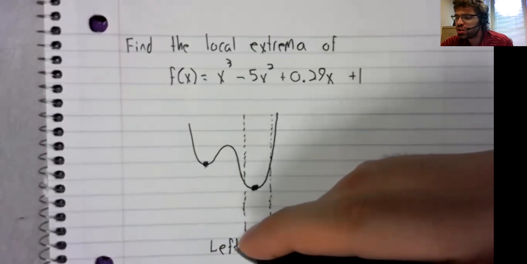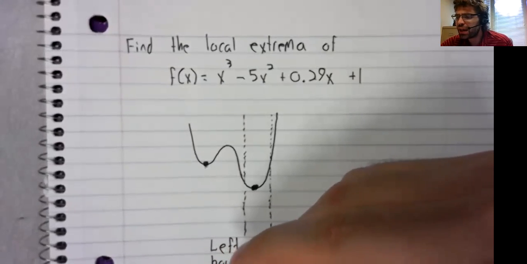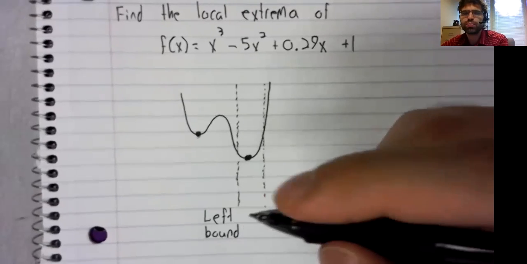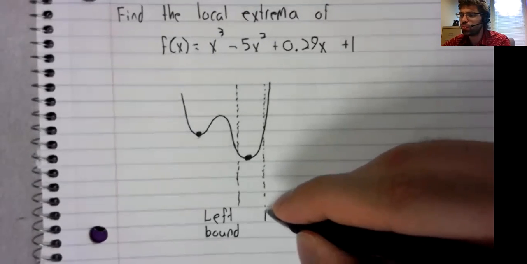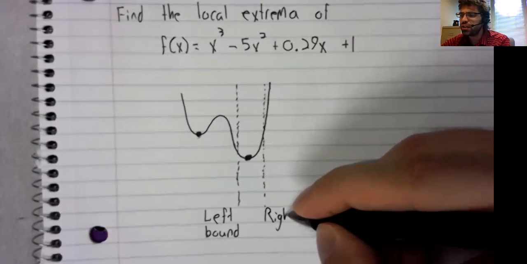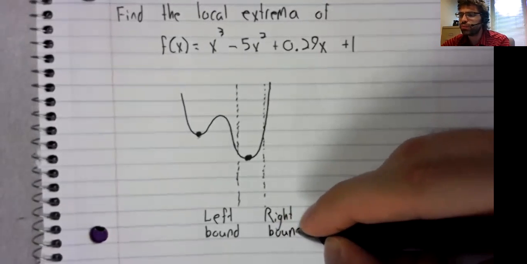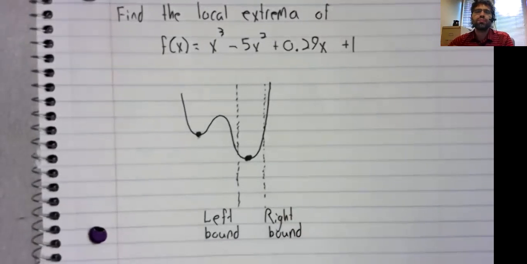So when you see left bound, that's what's being asked for. And in just a moment, we're going to see right bound.